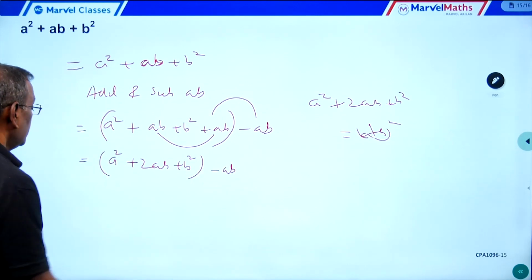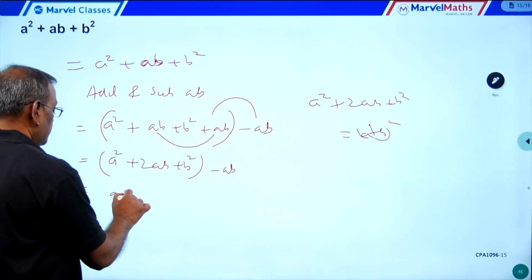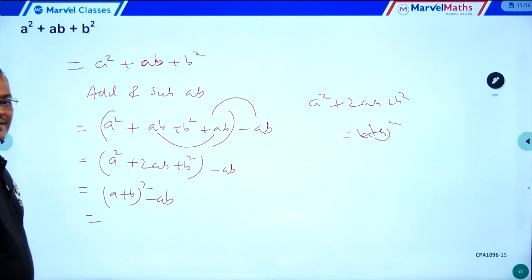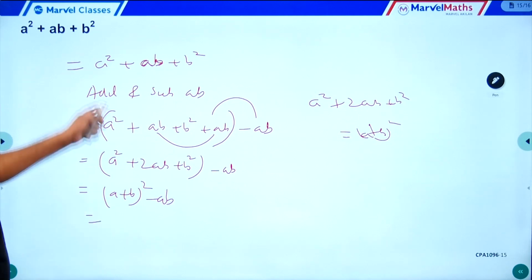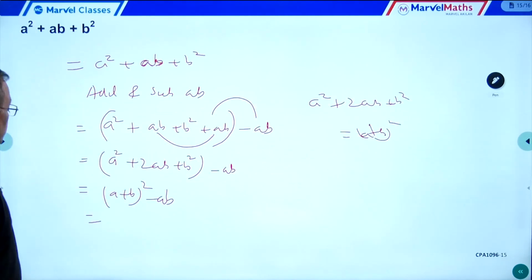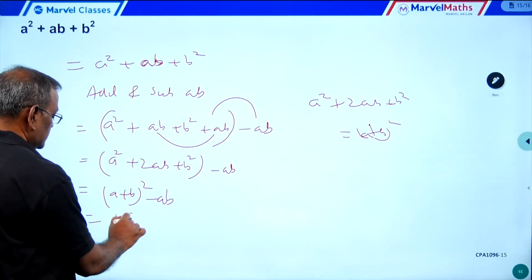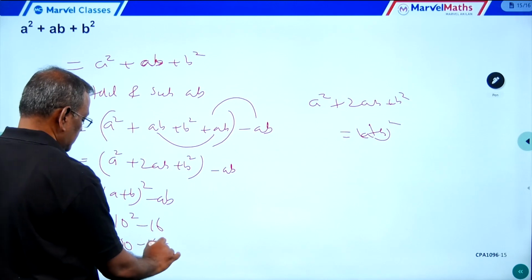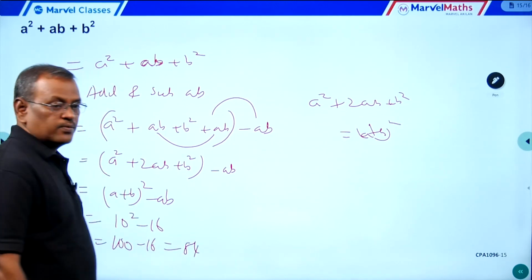Clear? Now this is nothing but a plus b the whole square minus ab. Now what is a plus b? A plus b is 10 and ab is 16. So 10 square minus 16, 100 minus 16, which is equal to 84.